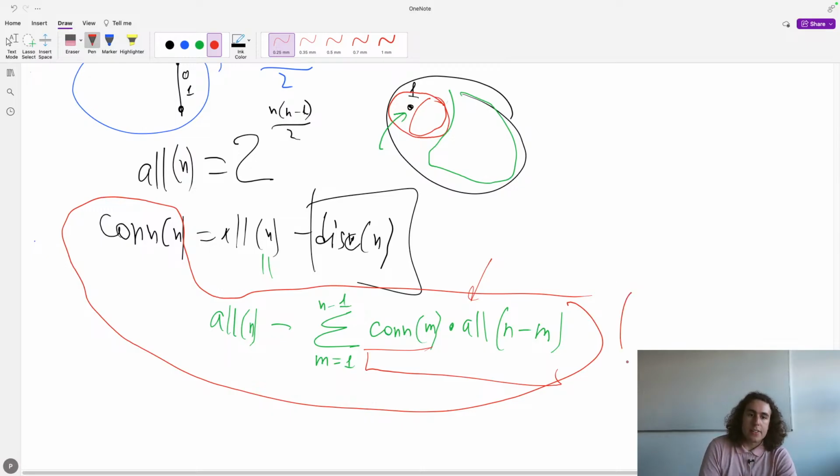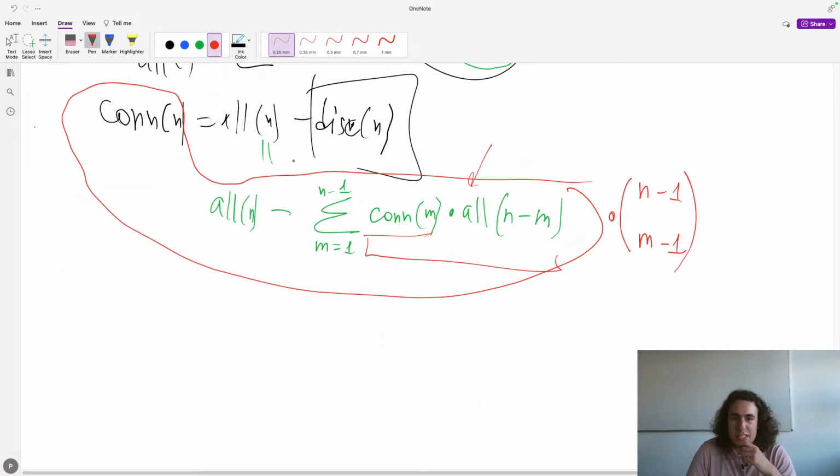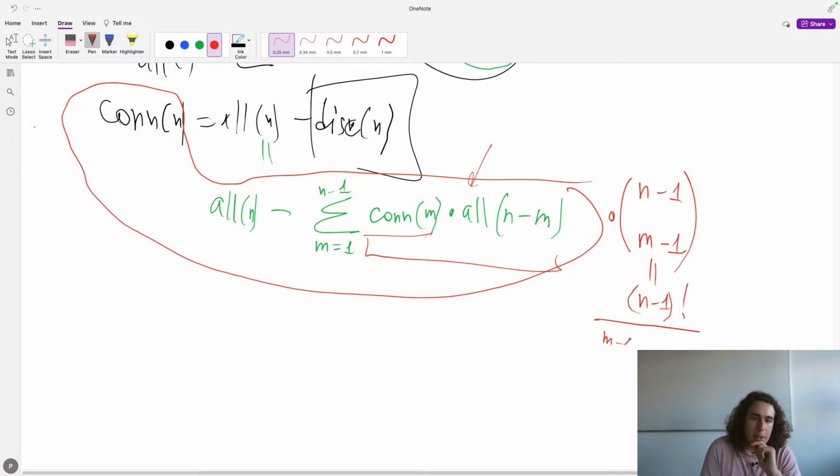There are n minus 1 vertices except for 1, and then you choose m minus 1 out of them. So this is a little bit more complicated than a convolution, but if we simplify this formula, we can see that it's similar. This is just n minus 1 factorial over m minus 1 factorial times n minus m factorial, right?